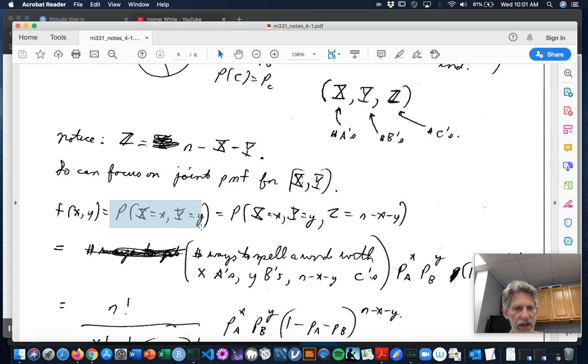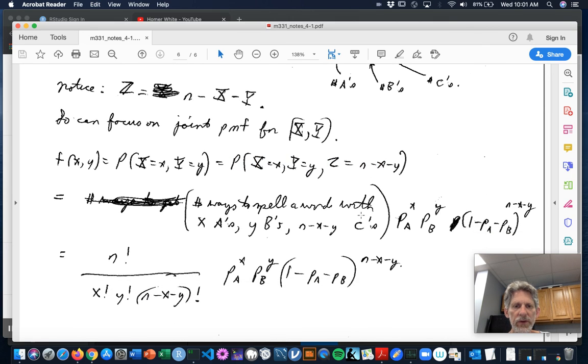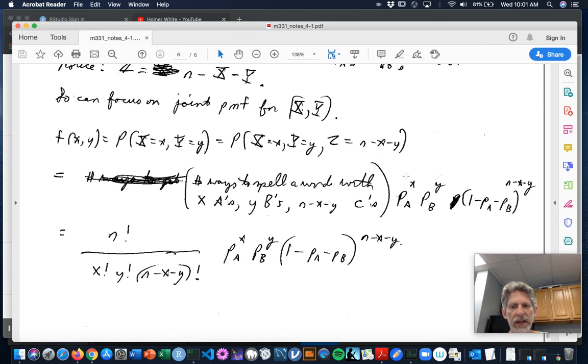So what's the chance that X is x and Y is y? That comes down to the chance that X is x, Y is y, and Z is n minus x minus y. In order to get that, you'd have to get the A x times, and here's the chance of getting x A's in a row. You have to get the B y times, and here's the chance of getting B y times in a row.